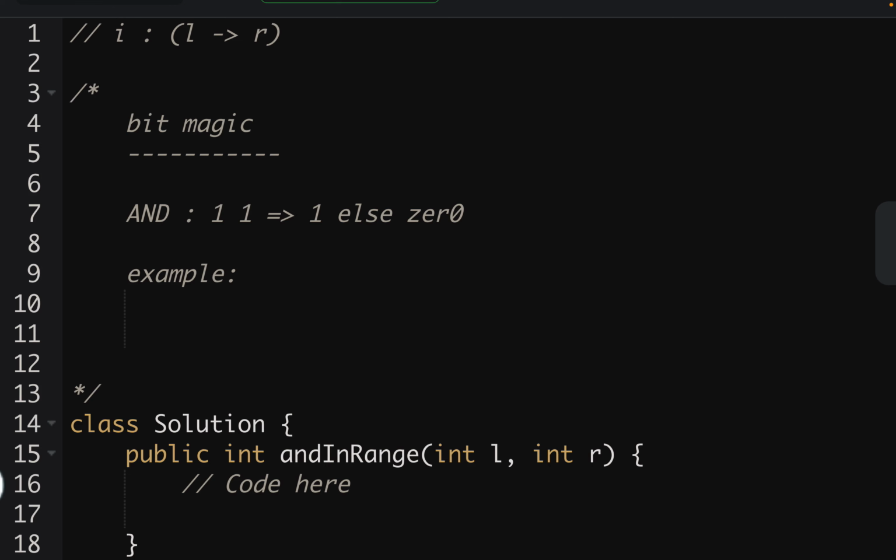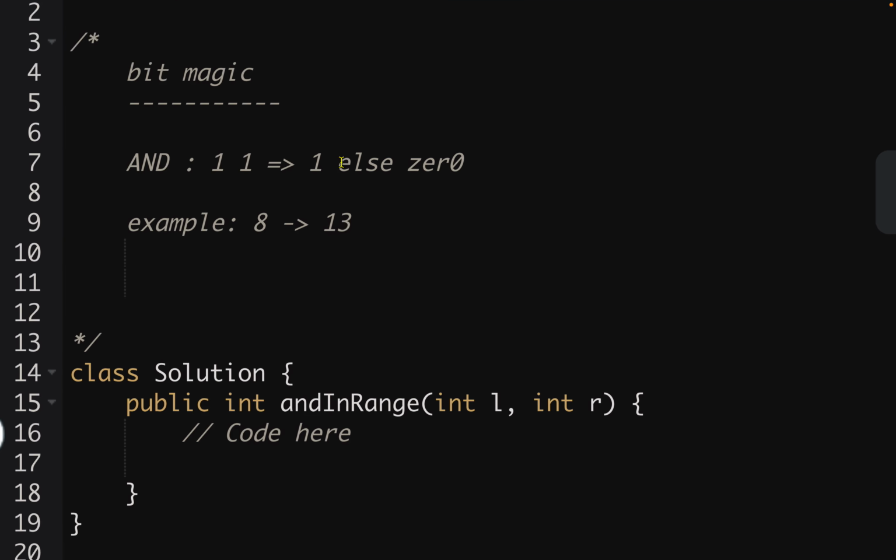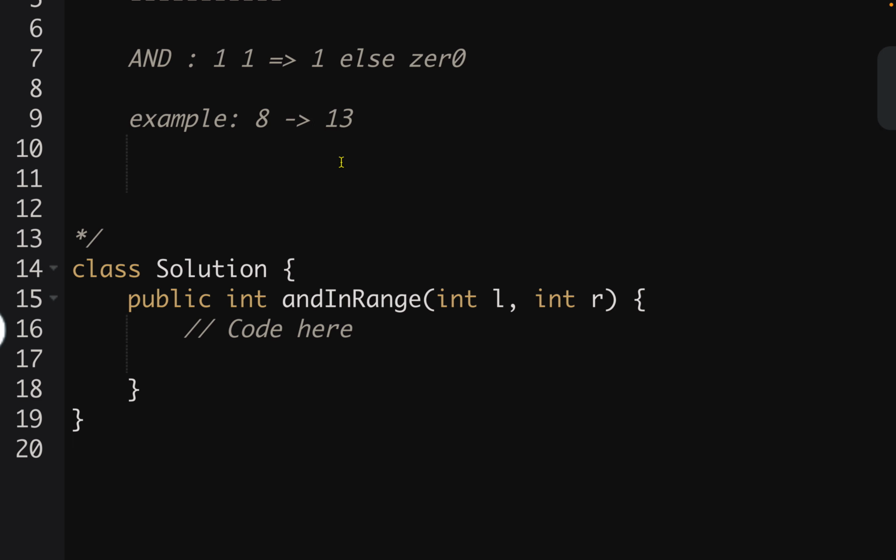For this example, we are having 8 to 13, both inclusive. I'll denote everything in binary because this would improve our understanding and help in tracking the pattern. Once we have decoded the pattern, it's good, and I can just go ahead in decimal.